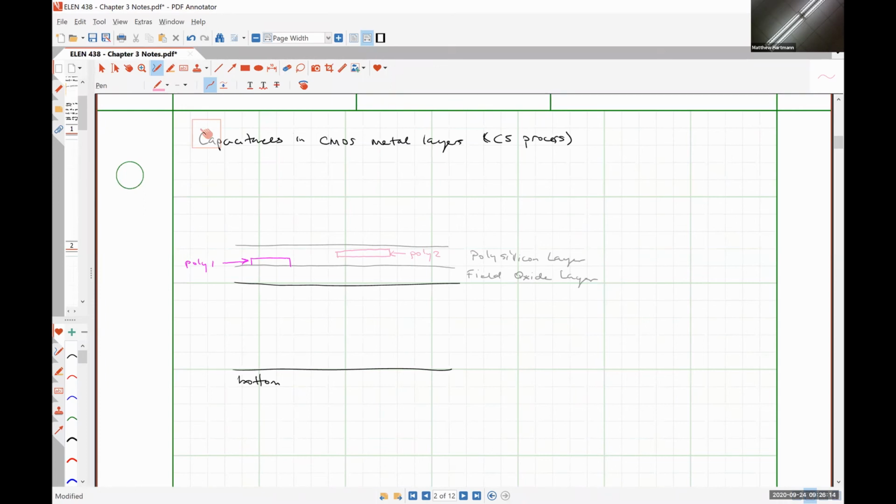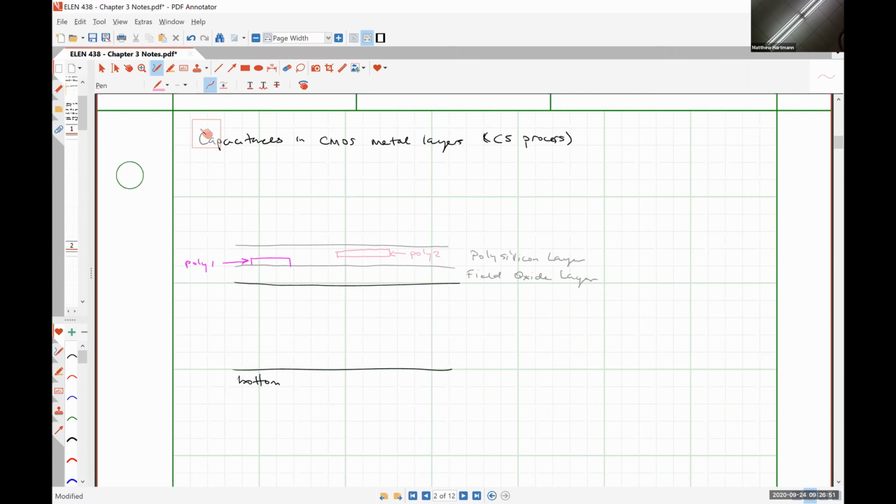A much more common use of the second polysilicon layer is the formation of what are called poly-to-poly capacitors, because the poly 1 and poly 2 can both be made conductive, and they are physically closer than any 2 other conducting materials in the entire CMOS integrated circuit process. So we typically use the poly layers to make very large capacitors because the distance between the layers, D, is very, very small.